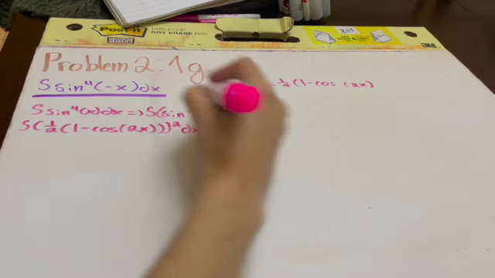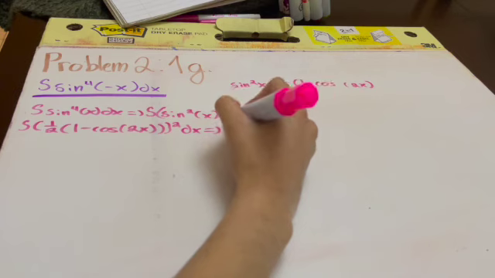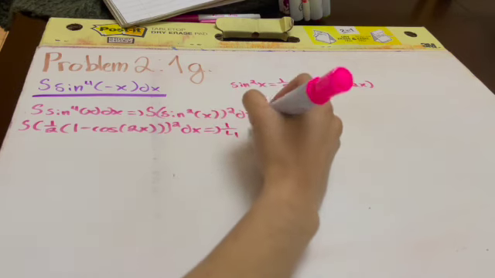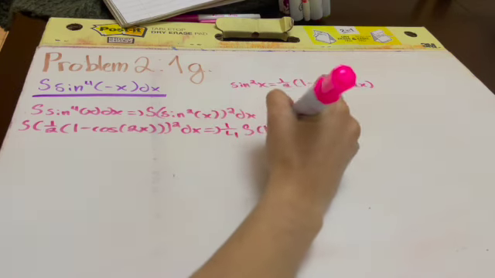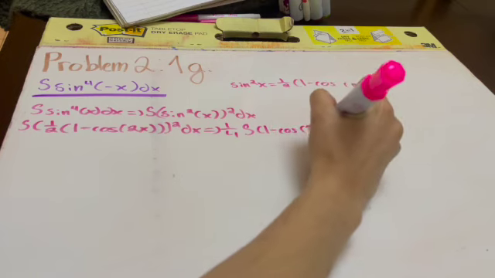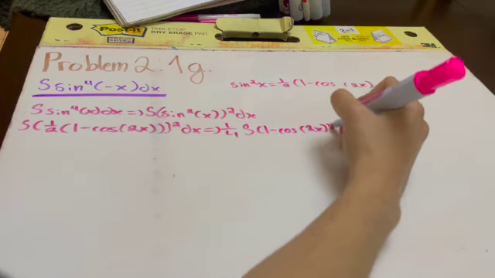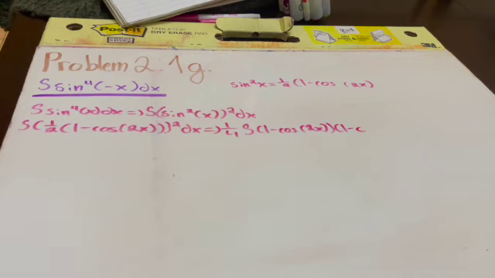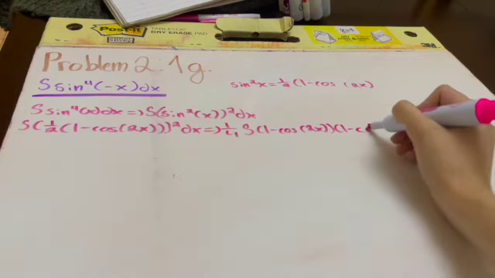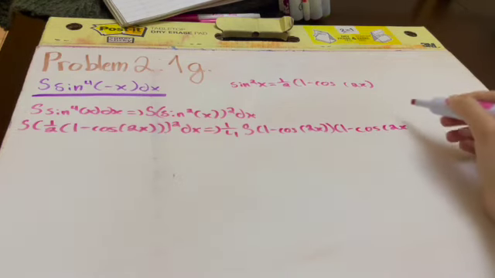So then we can take that 1/2 out, so that's going to be 1/4 because of the square. 1 minus cosine 2 of x, and I'm just going to FOIL it, pre-write that so it's already there.